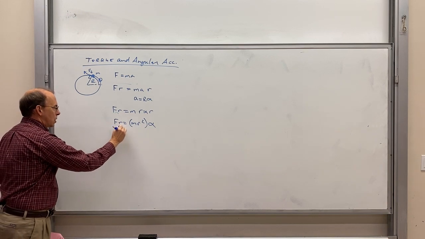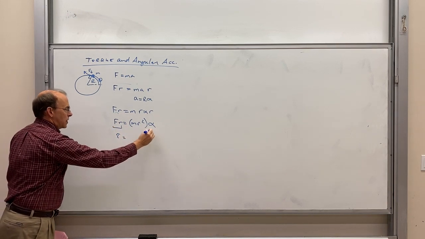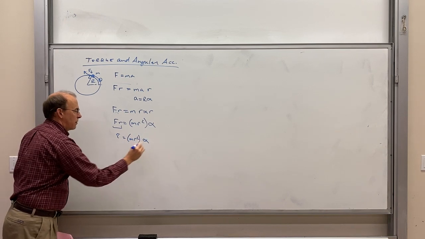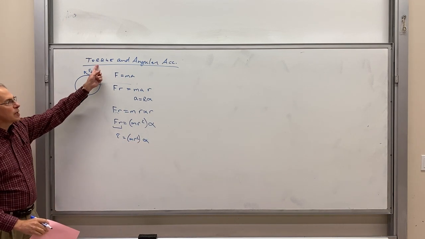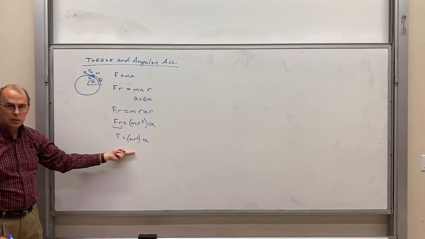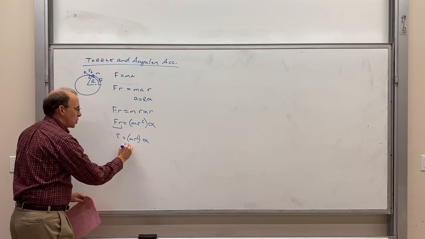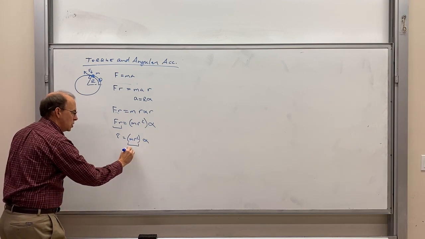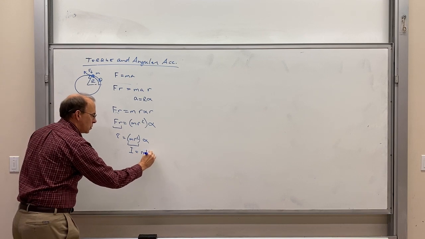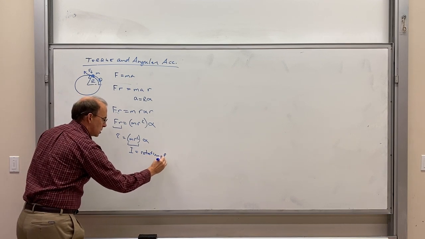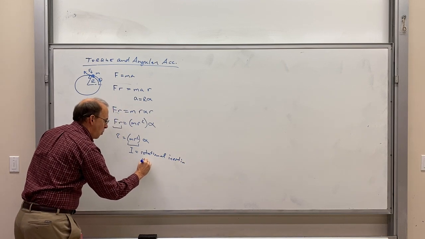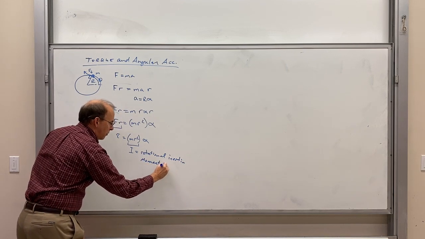But this is torque, and this is m r squared times alpha. I said I was looking for a relationship between torque and alpha, and I've got it here. So I'm going to define this as something new. I'm going to call this I, the rotational inertia, or it's often called the moment of inertia.